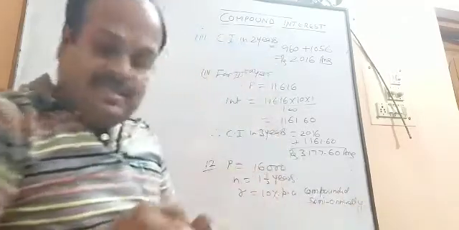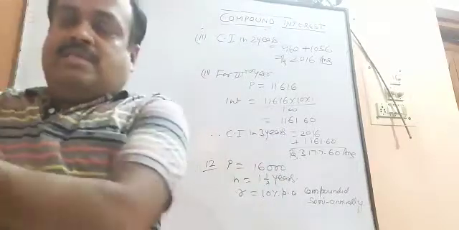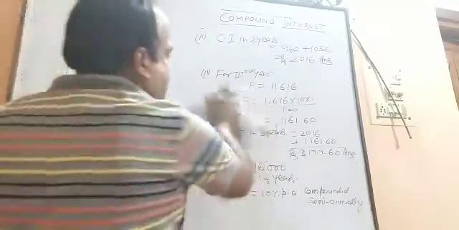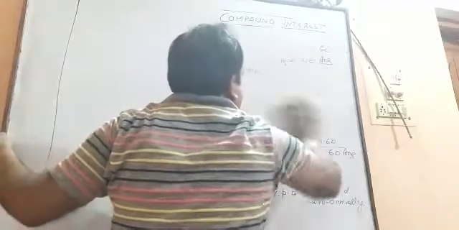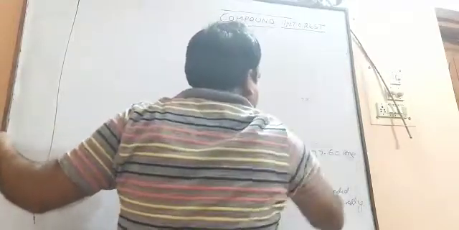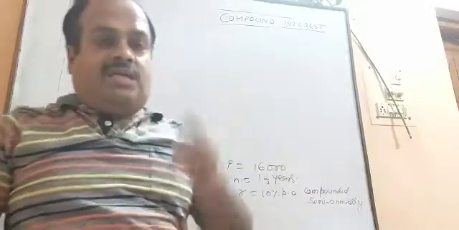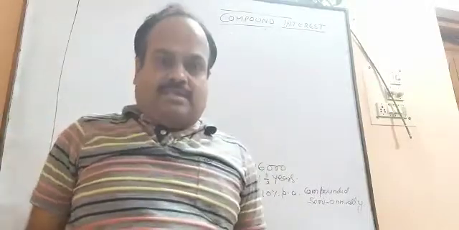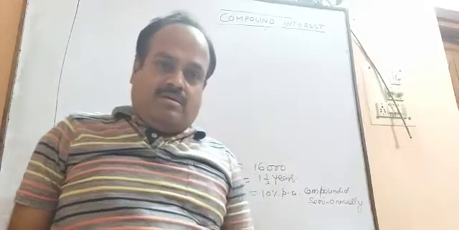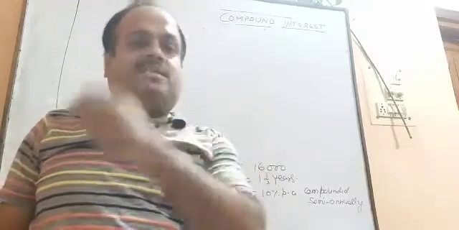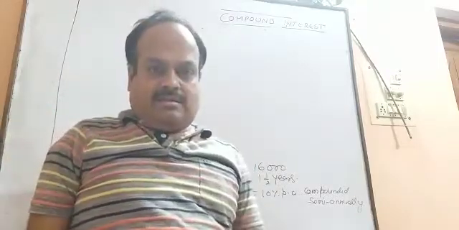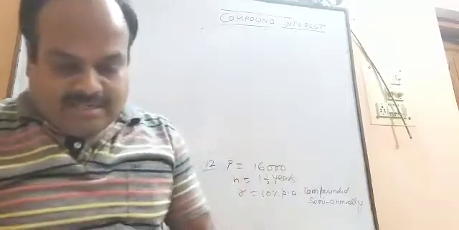Compounded semi-annually means after every 6 months the interest is paid. So I think you know that there will be 3 six-month periods in 1.5 years. Therefore, 3 times the interest will be calculated.